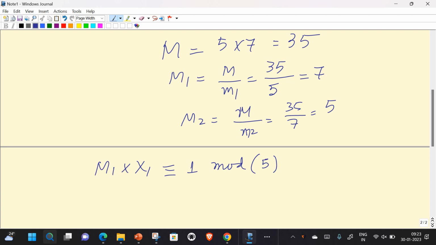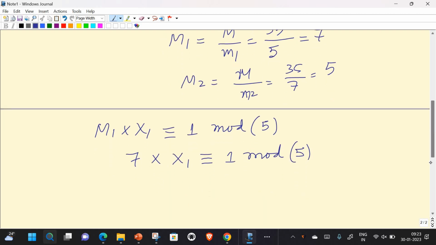So the question is, you have 7 multiplied by some x1, which will make this equation happen. Understand? So we have to find x1. This x1 was mentioned as M1 inverse in the PPT. So find me an x1, or a multiplicative inverse, to satisfy this particular equation.